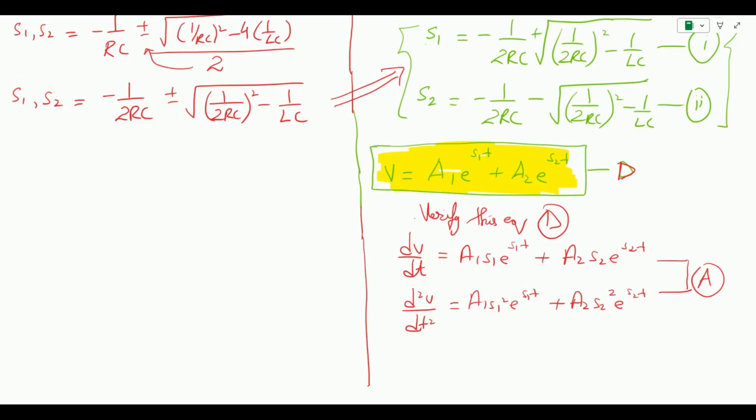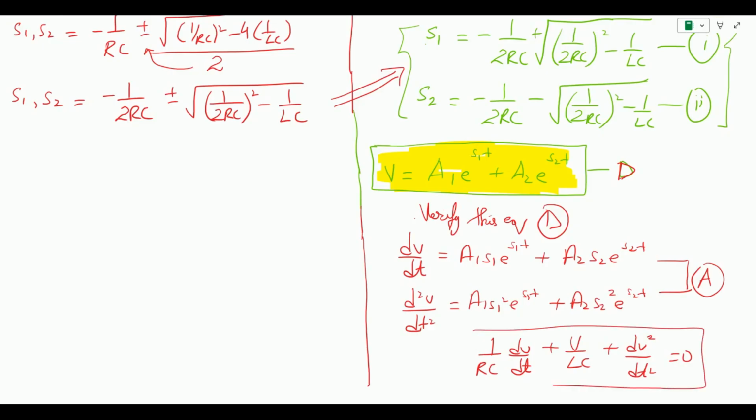Equation number A was 1 by RC dV by dt plus V by LC plus d square V by dt square equals 0.